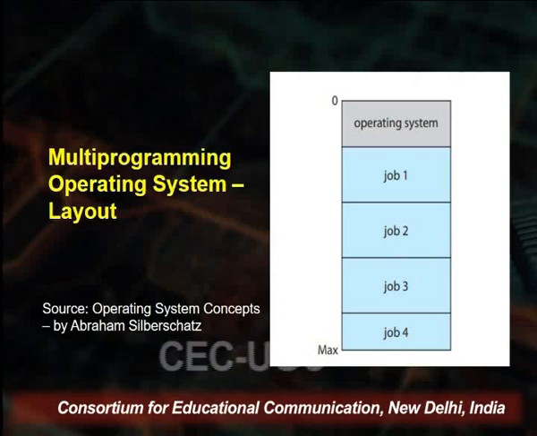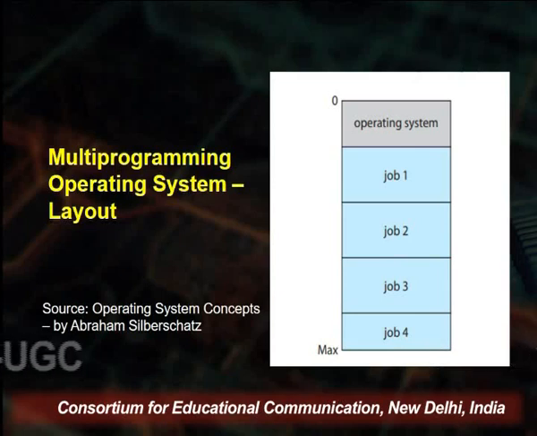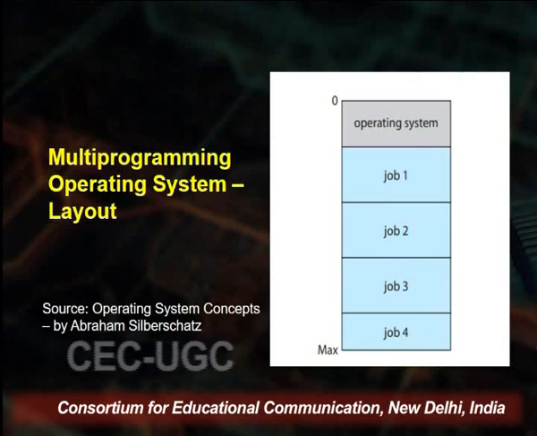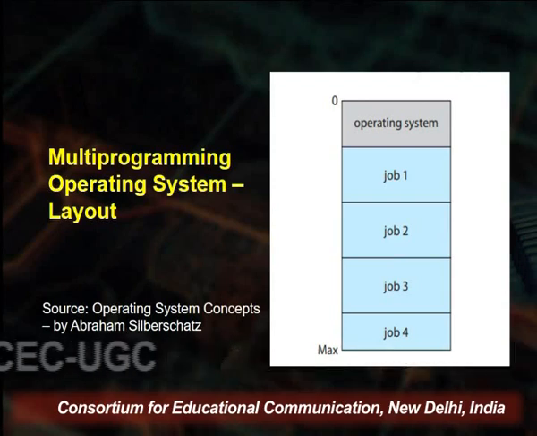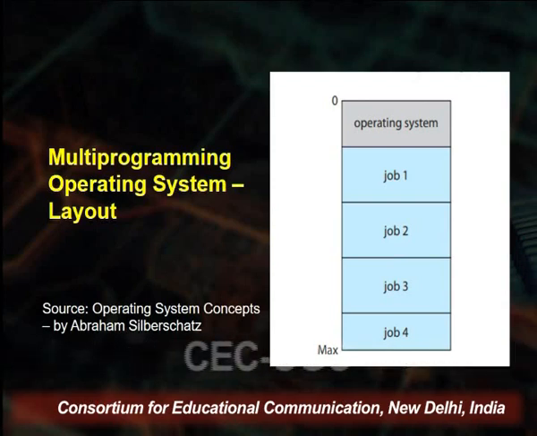For the time being, your machine is switched on and it is working. Now at a particular point of time, we have job 1, job 2, job 3 and job 4. All these jobs are residing in the main memory, and they are waiting for their CPU allocation, or some other input output allocation.